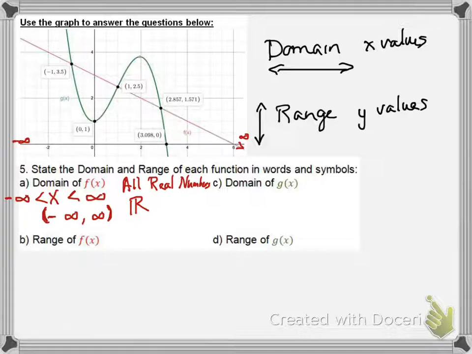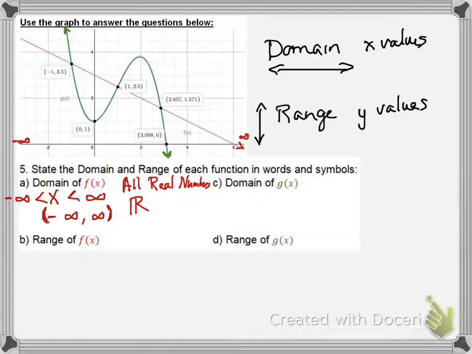Let's do the domain for the green one also first. Green one, and how far does it go? You don't see it going forever. And that looks like, oh, forever down. But can you see that it's tilting just slightly to the right? And when we come to the other end, it's tilting just slightly to the left.